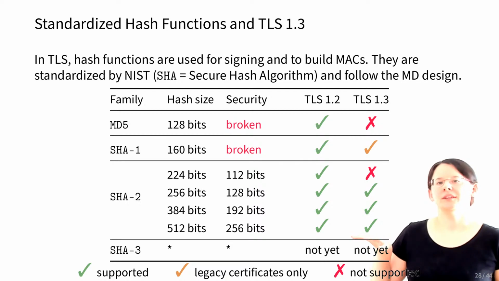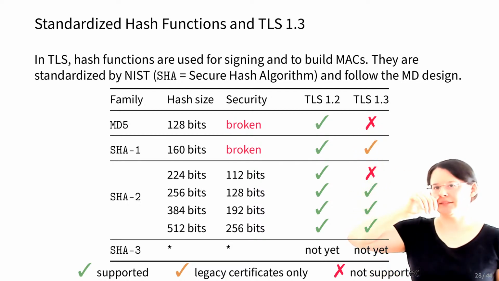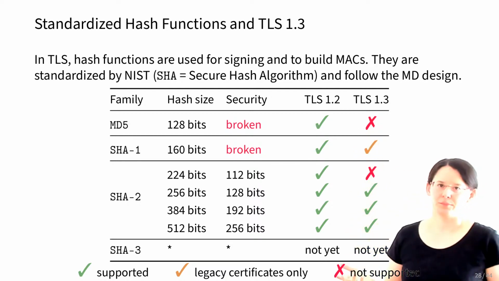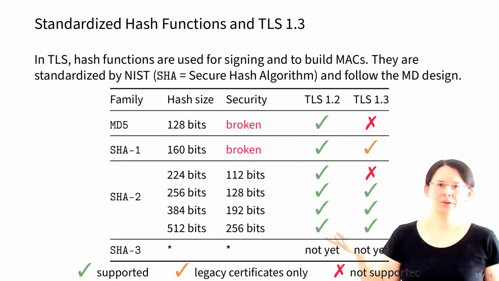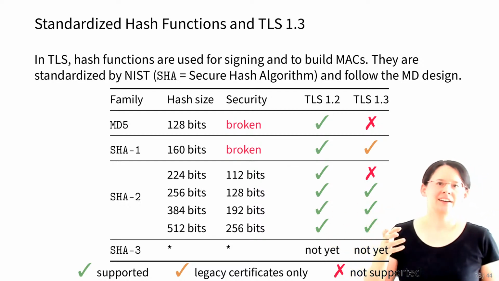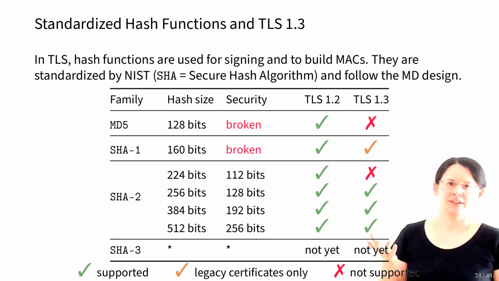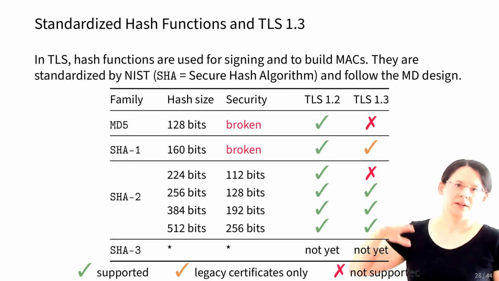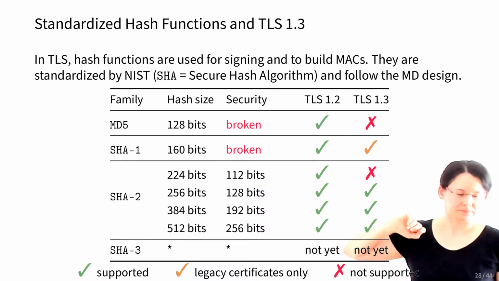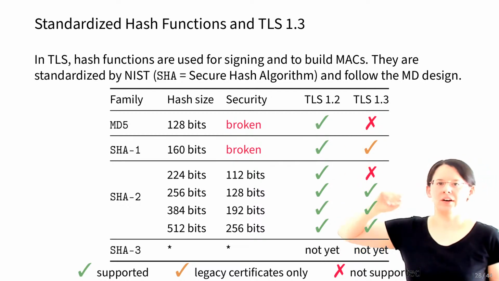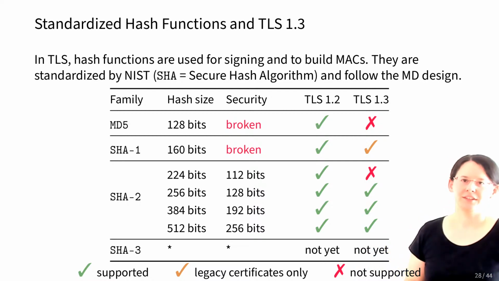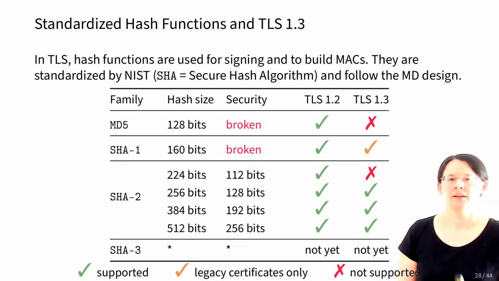Now, one downside of all of these is that they were not chosen in a public process or in a public competition. While the specs are published, the designers' exact ideas or the design criteria are not. And they were developed in collaboration with the NSA. So some people are not as trusting towards these, but I personally have a lot of confidence in SHA-2.